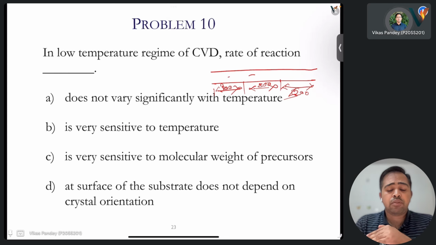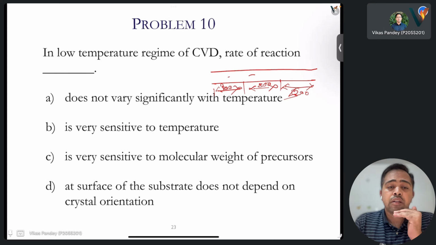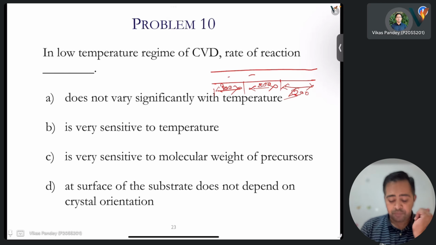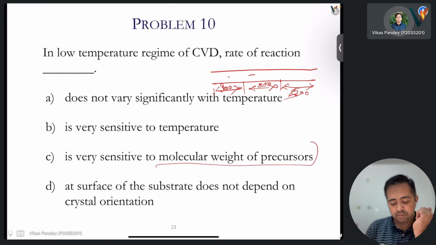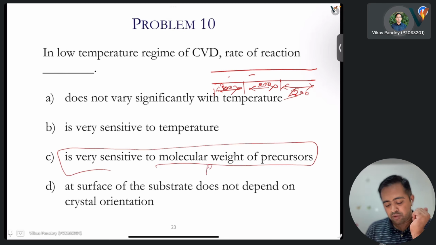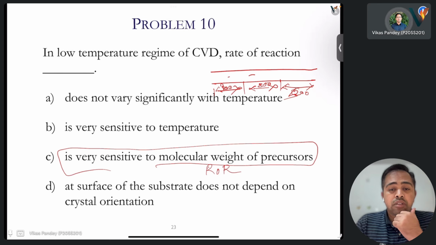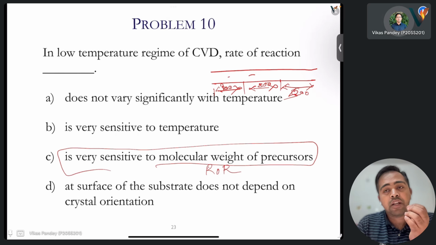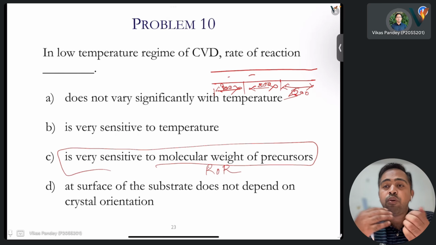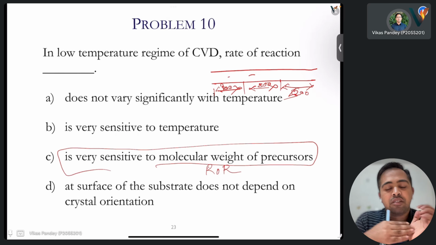It's very sensitive to temperature, is sensitive to molecular weight of the precursor. This will have an effect, but this will have an effect on the rate of reaction. Okay. At surface of the substrate does not depend on crystal orientation. It depends on the crystal orientation because, as I said, they try to orient themselves according to the crystal.